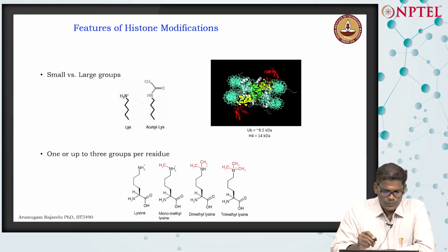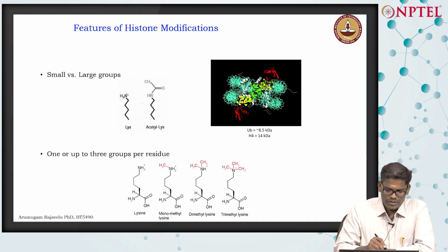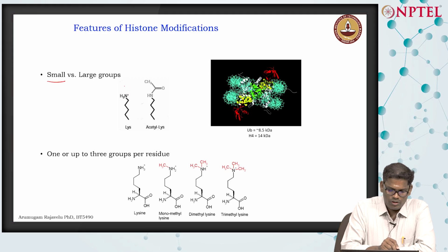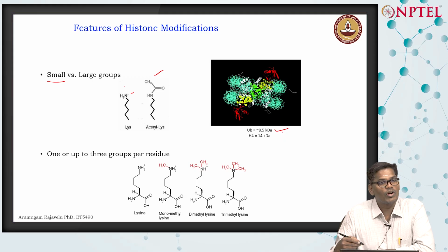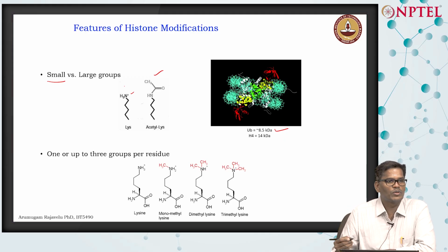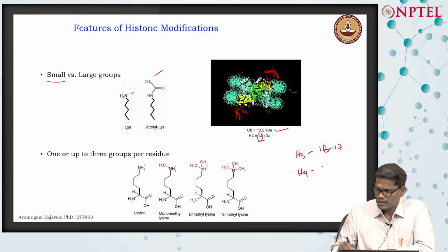To make it much clearer for you, I already said the methylation mark is very tiny, small, and then acetylation is larger. The ubiquitin molecule size is almost 8 kDa, while histone proteins are around 14. So histone H3 is maximum 16 to 17 kDa, histone H4 is, there is some error here, but mostly 11 kDa, and then H2A is 14 kDa, and H2B is around 13 kDa.